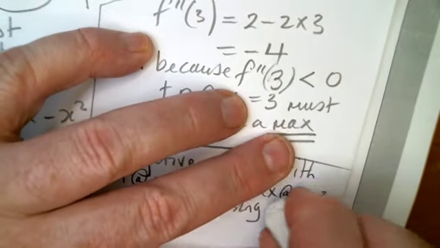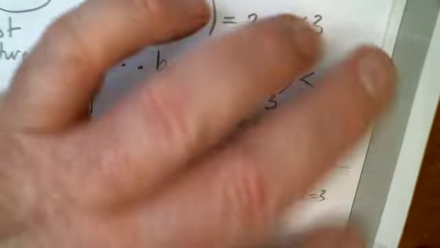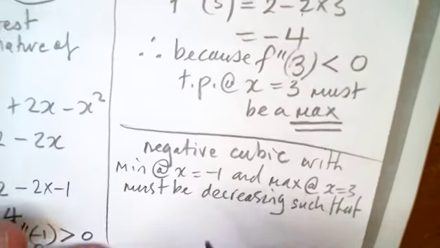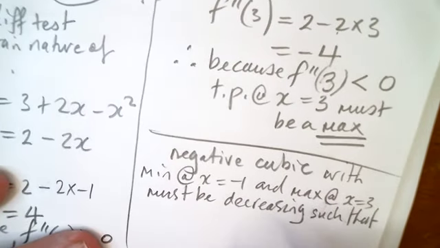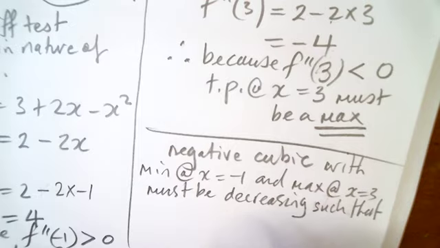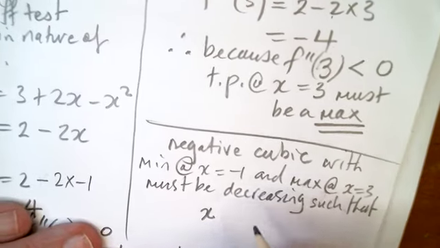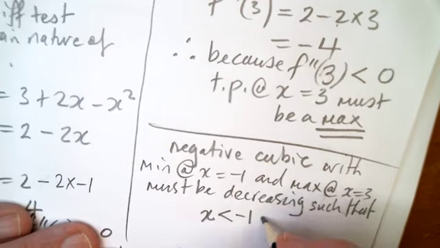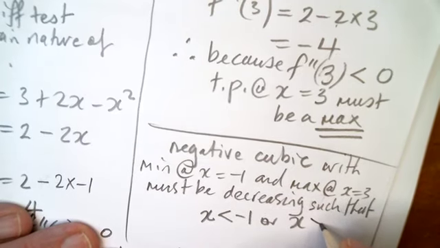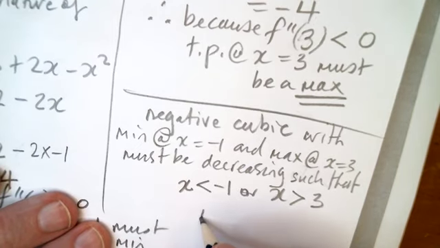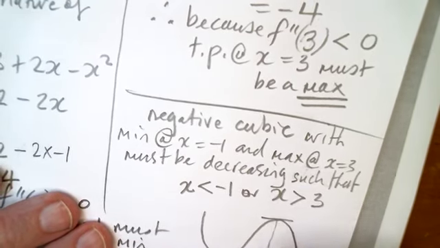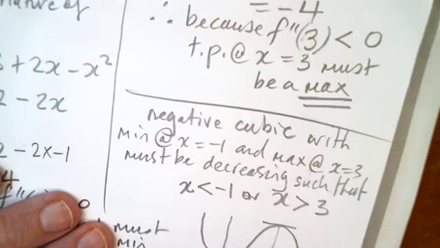I think such that's a pretty bad thing to say here. Let's think the best way of saying this. X is going to have to be less than negative 1, or x is going to be greater than 3. And I'm going to draw a little graph here, like this. So here is my 3. Here is my negative 1.